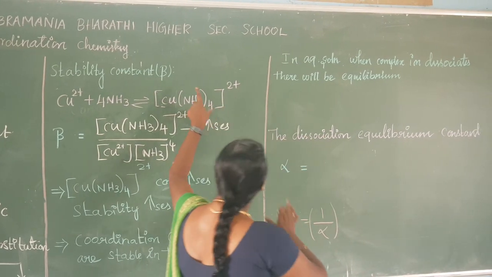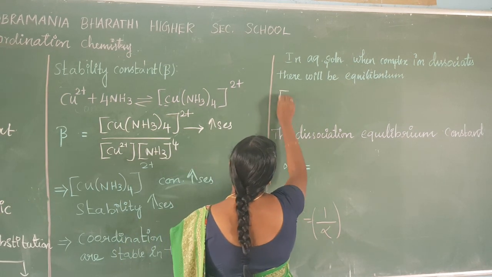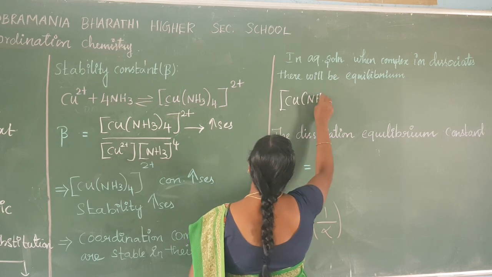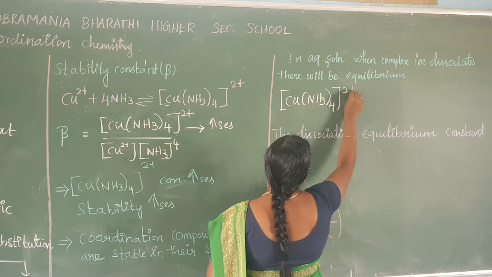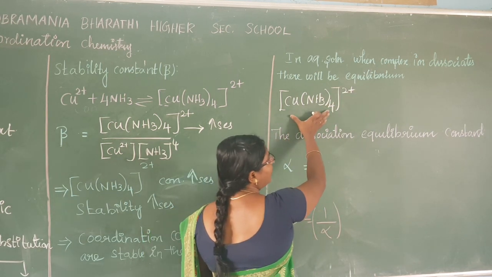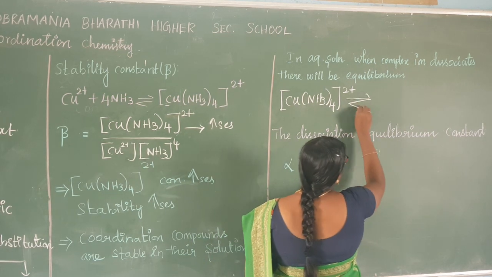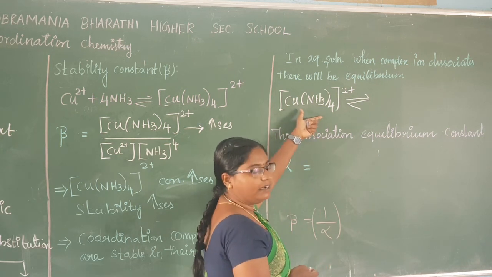Let me write the opposite reaction. I take the complex ion, [Cu(NH3)4]2+. If I add the complex ion into the solution, to some extent it will get dissociated.